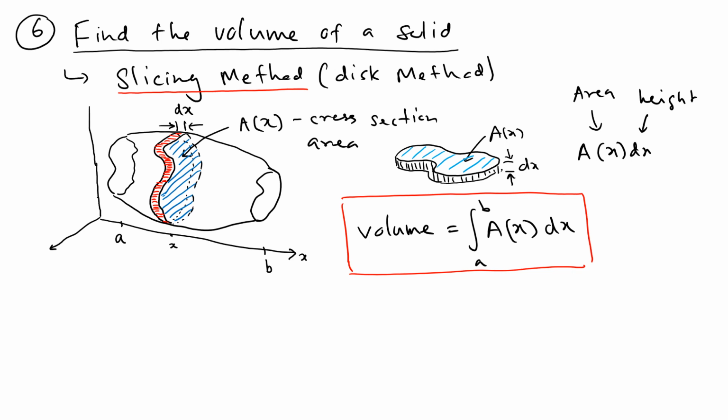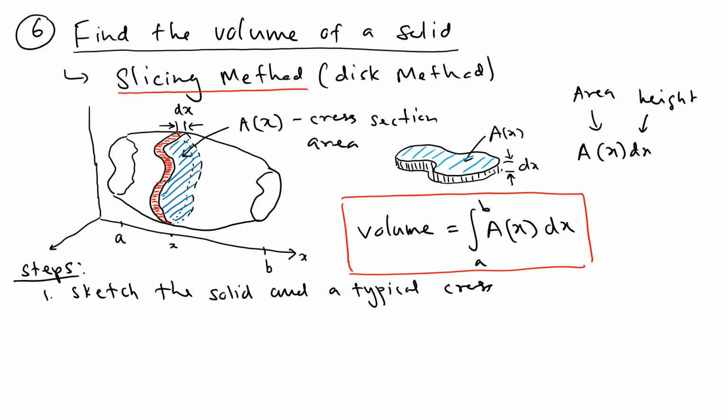Okay, good. So how to do a problem? These are the steps to do a problem of this type. The first one: for these kinds of problems, it's always a good idea to sketch the solid and a typical cross section.